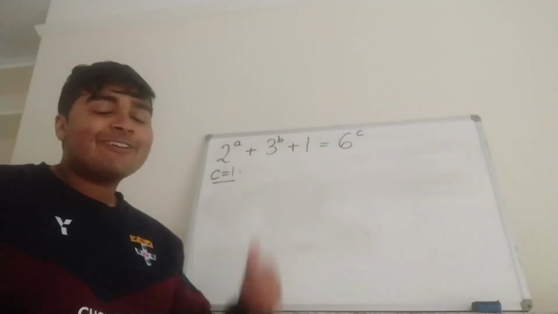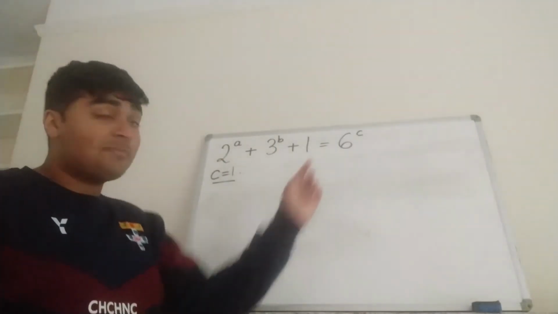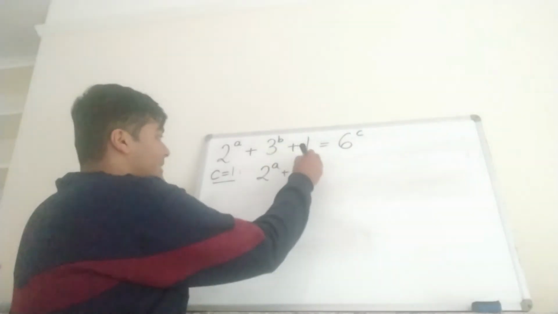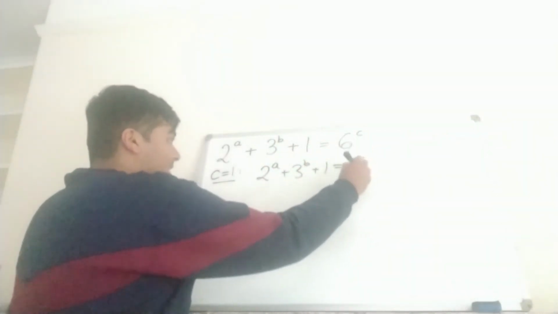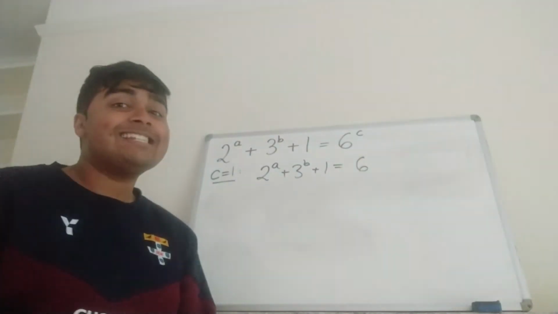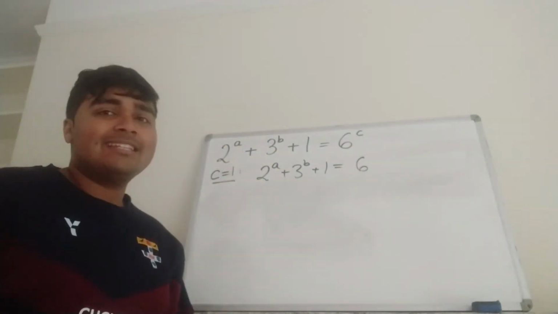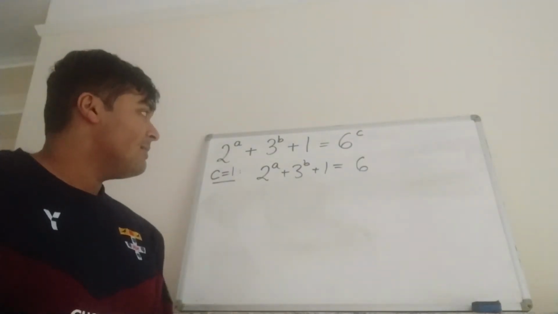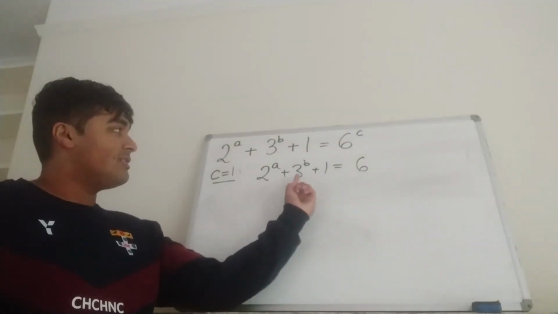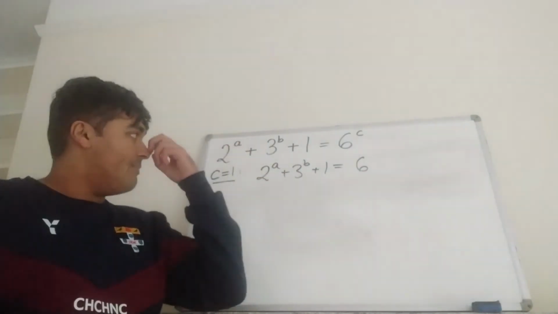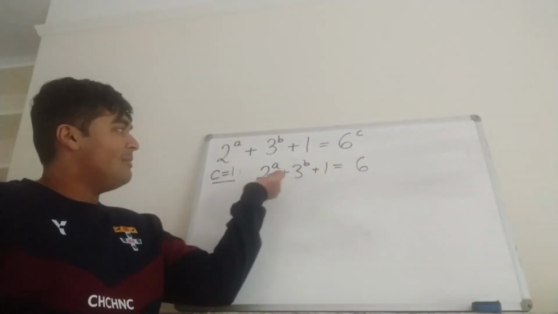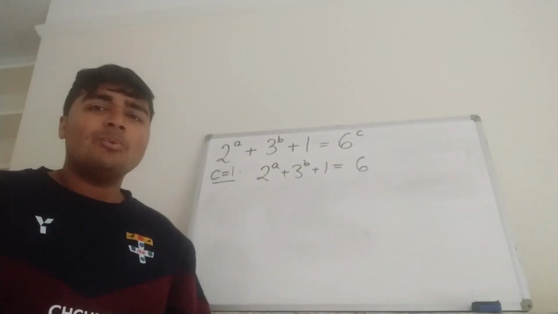Okay, so let's firstly look at the case when c equals 1. If we just plug that in, we get 2 to the a plus 3 to the b plus 1 equals 6. Now hopefully it's very easy to see that there's only one solution in this case, and that solution is a equals b equals 1. Because if b was at least 2, then 3 to the power of b would be at least 9, and then we have 10 plus some positive number equals 6, which doesn't make sense.